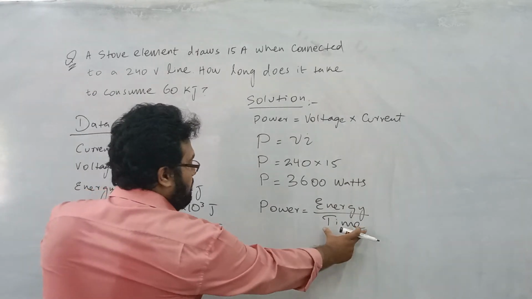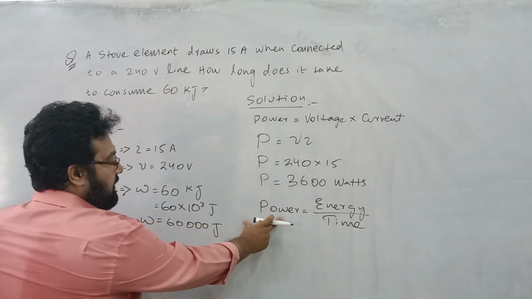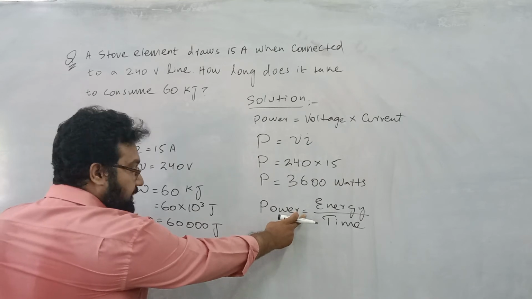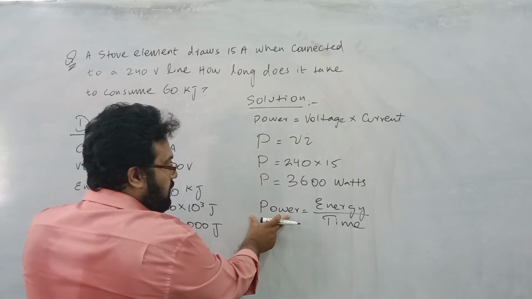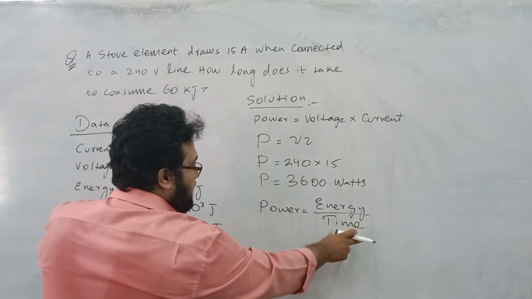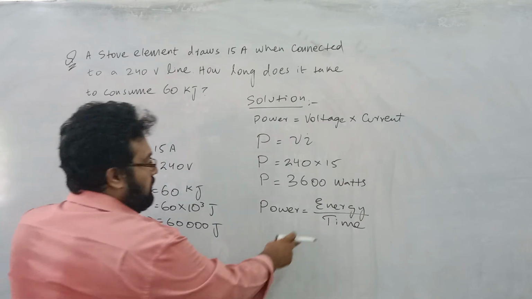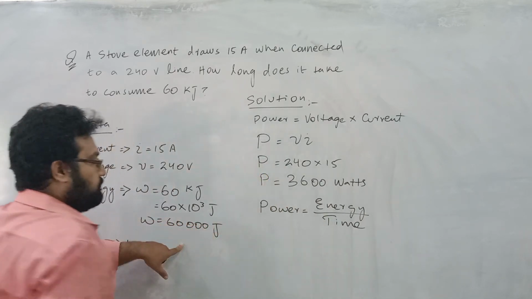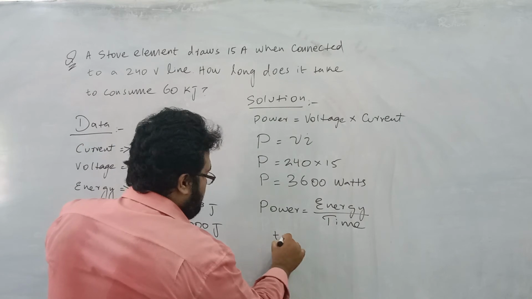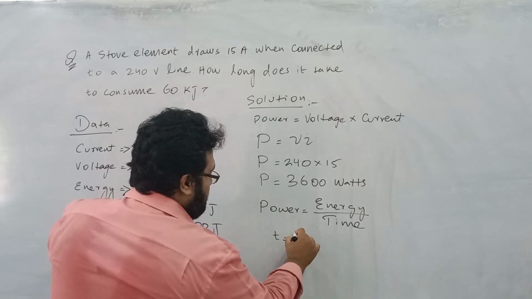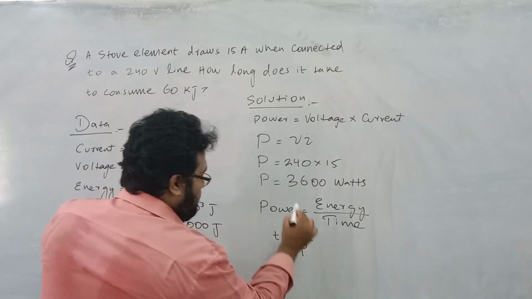I will move time on the left hand side of the equal to sign, and I will move power to the right hand side of the equal to sign, so it will be divided by energy. So time will be equal to energy upon power.